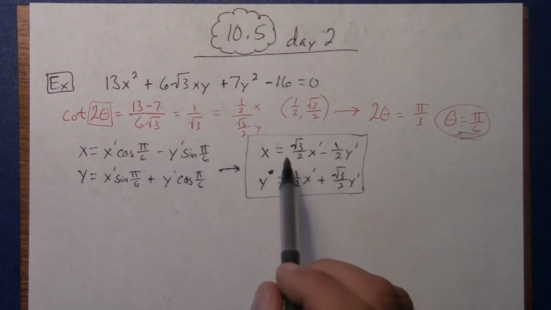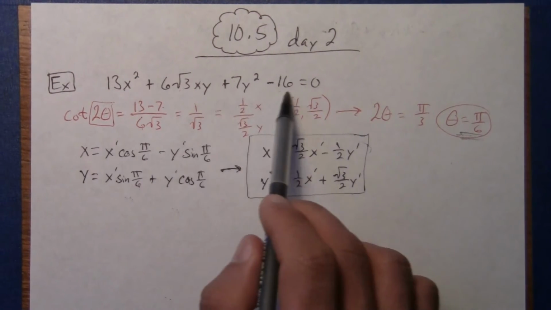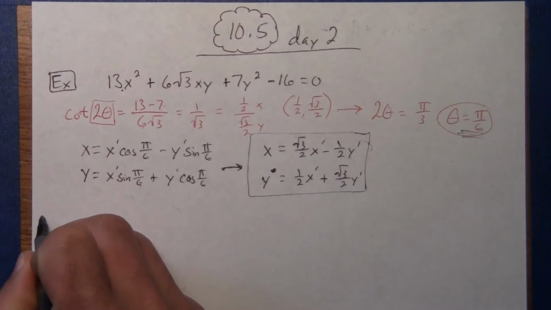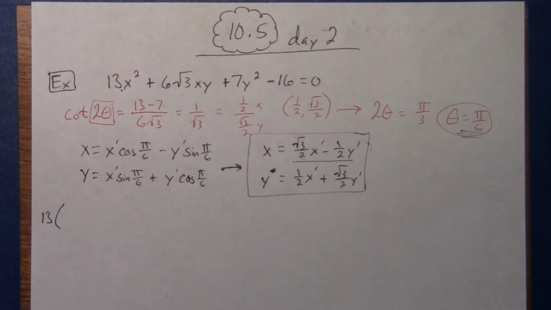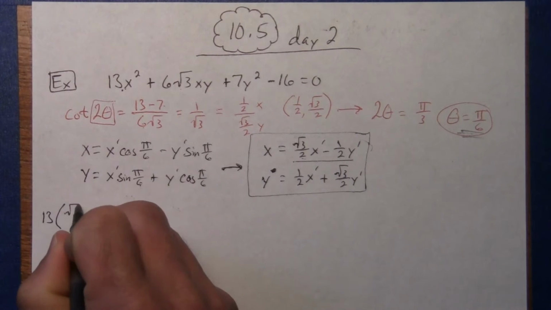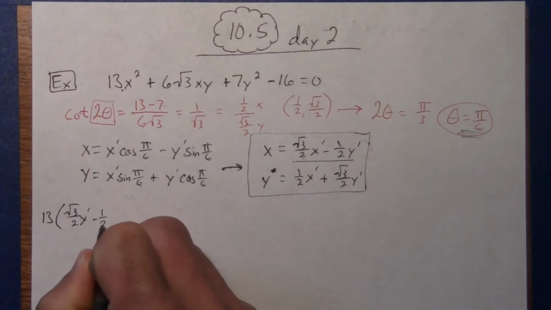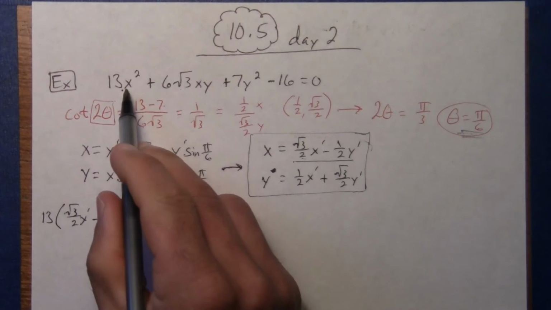And now remember, I'm going to take this, and wherever I see x or y, I'll replace it with the primes. So when my problem says 13x squared, I'm going to start by saying 13 and then put this squared. So it's now square root of 3 over 2 x prime minus 1/2 y prime, quantity squared. That takes care of the 13x squared.